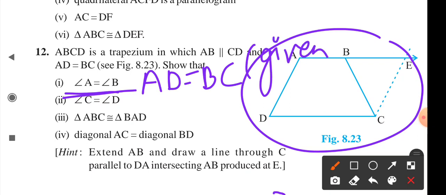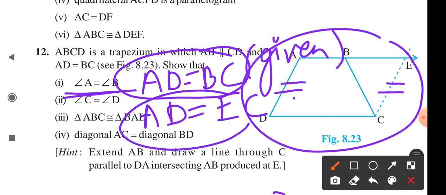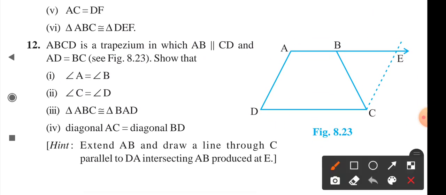It is given in the question. And you know that AD is equal to EC. This side equal to this side. Why? Because we have already proved it as a parallelogram, so opposite sides of a parallelogram are equal. If you will see these two, you can say that this AD line is equal to BC line and this AD line is equal to CE line.